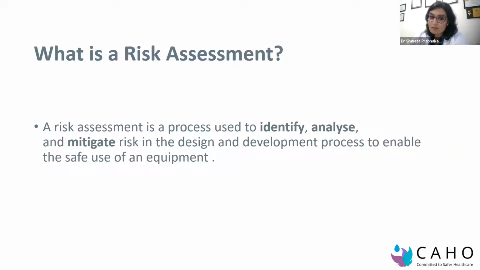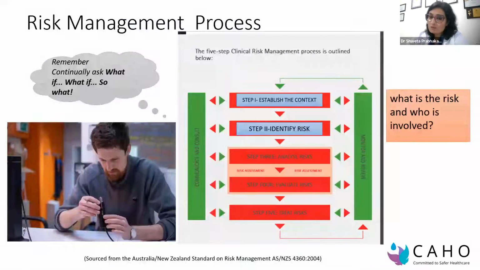And how does it happen? It happens with teams and with effective protocols which you have listed out, and you would work on the risk assessment with respect to design and any particular product which you are developing. So when we are talking about biomedical equipment, it can be any medical device.